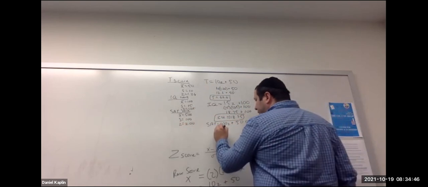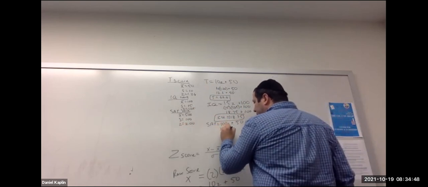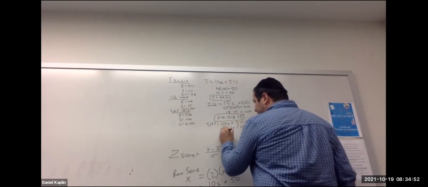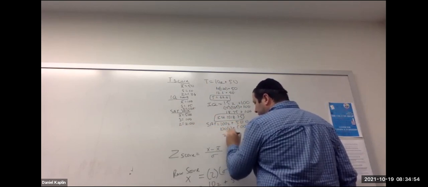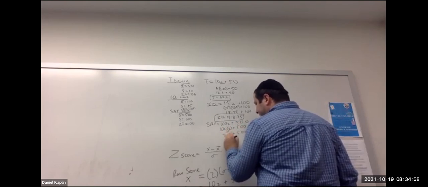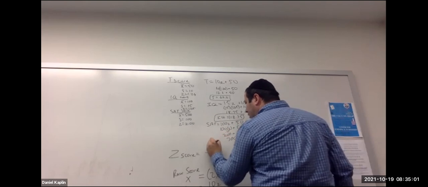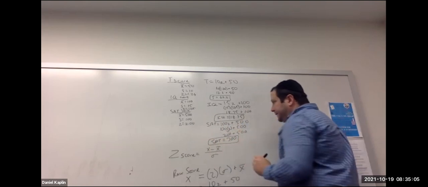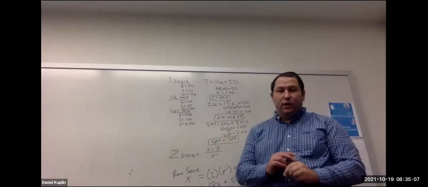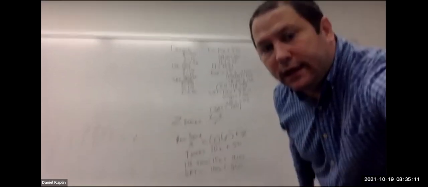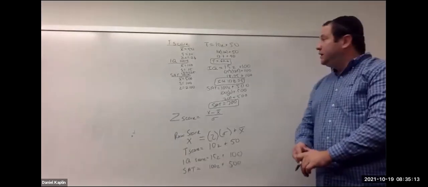We would do 100 times 2 plus 500, which is 200 plus 500, which gives us 700. Obviously, this would be a section score, but I have everything on the board. I'm going to lower it a little bit so you can see everything in frame.